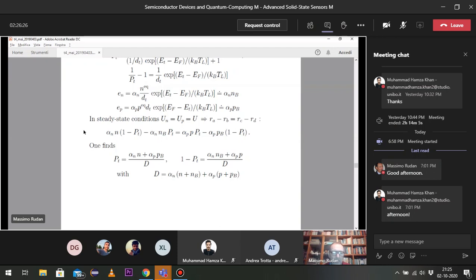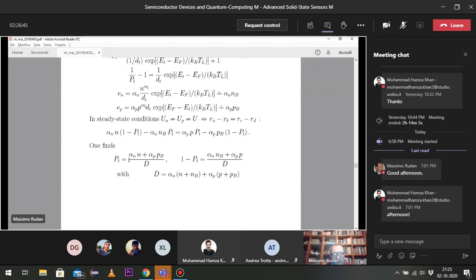So you see immediately that it is linear with respect to pt. So we immediately find the expression of pt, this one, okay?